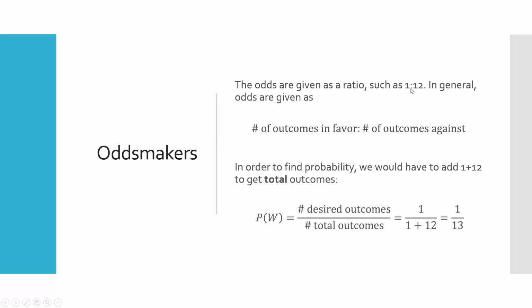I'm sorry, it does. Right? 1 to 12 odds does not give 1 in 12 probability, it gives 1 in 13. Because this is saying out of 13 races or 13 tries, this horse wins once and loses the other 12 times. So that's 1 in 13 probability there.